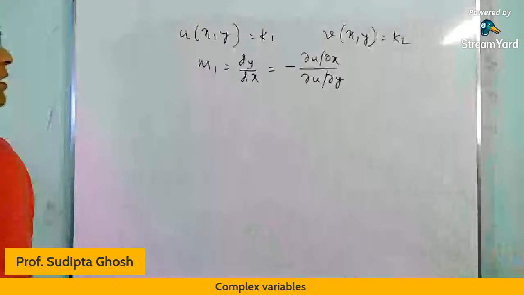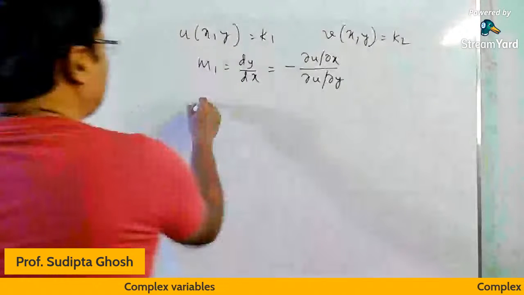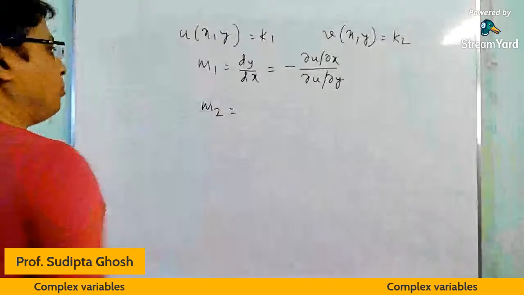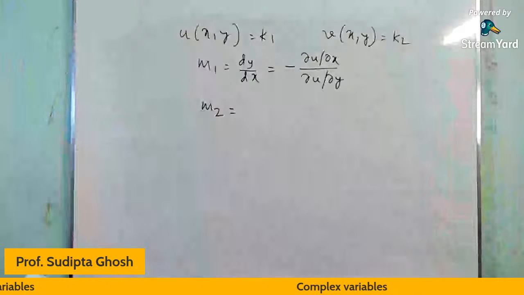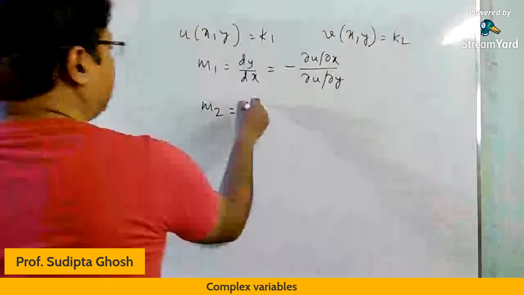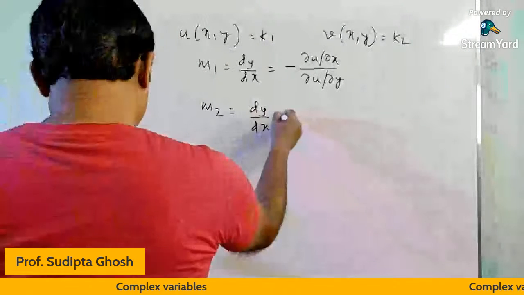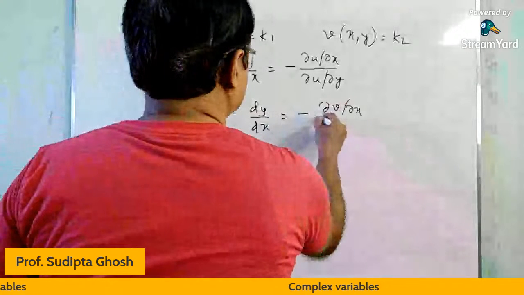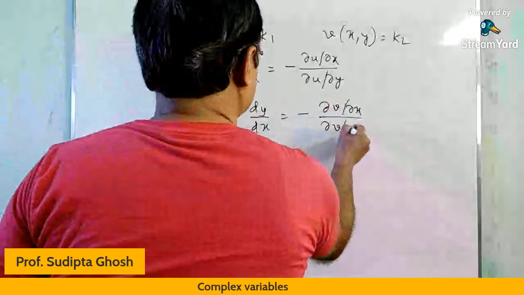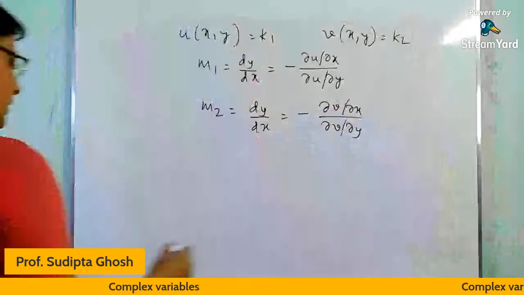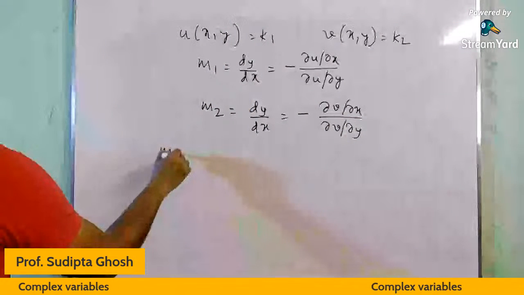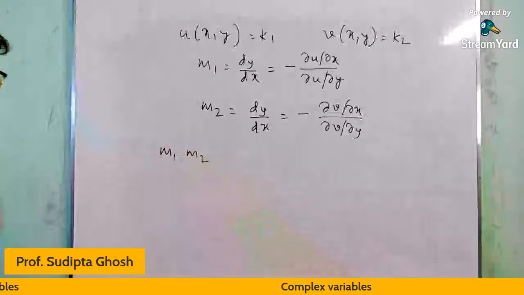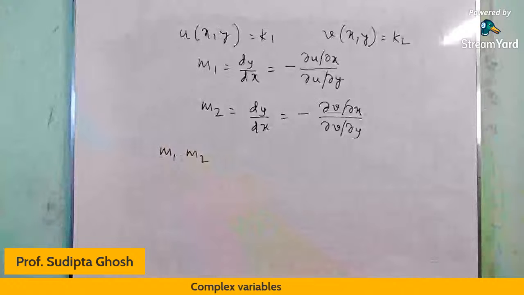And if m2 is the slope of the family of curves v(x,y) equals k2, then m2 equals dy dx, which is also given as minus del v del x by del v del y. Now just multiply these two, that is the product of m1 and m2.